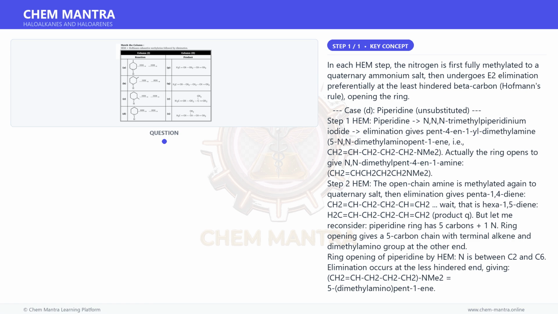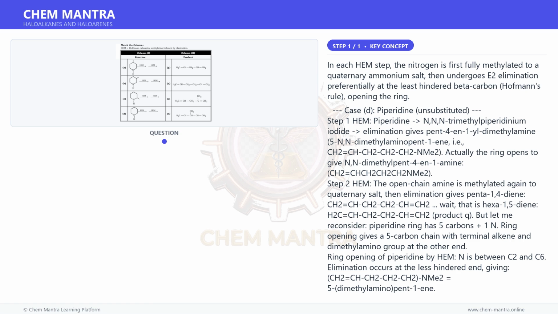Summary. A, 4-methylpiperidine, double Hofmann gives S, H2C=CH-CH(CH3)-CH=CH2. B, 3-methylpiperidine gives R, H2C=CH-CH2-C(CH3)=CH2. C, 2-methylpiperidine gives Q, H2C=CH-CH2-CH2-CH=CH2.